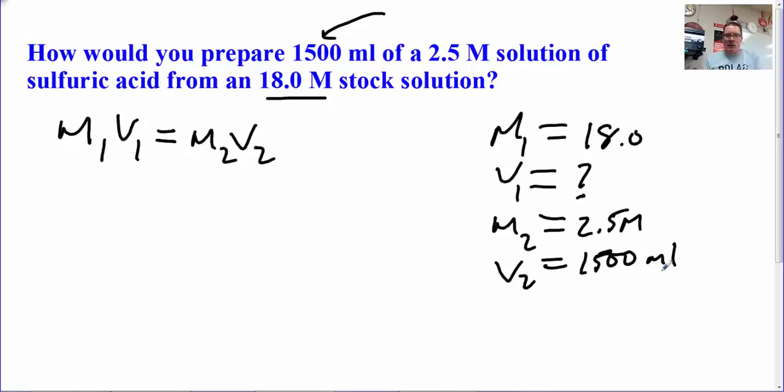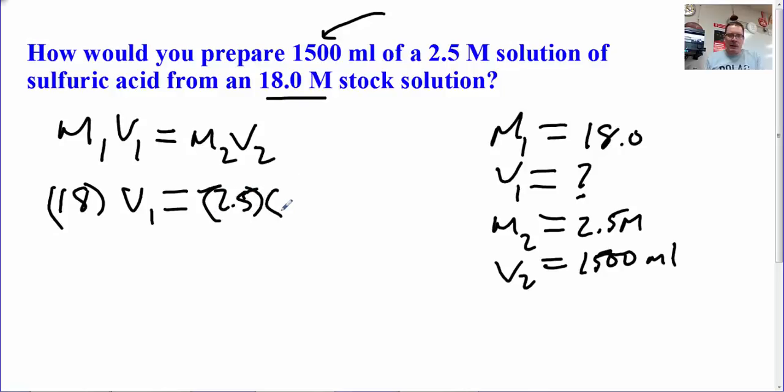Okay? In which case, once I've done that, I should be able to come over with my formula and just put things in where they belong. 18 goes here. V1 is the first thing I'm searching for. 2.5 is M2. My final volume is 1,500 milliliters.